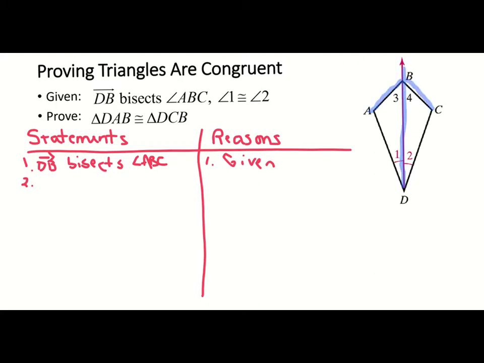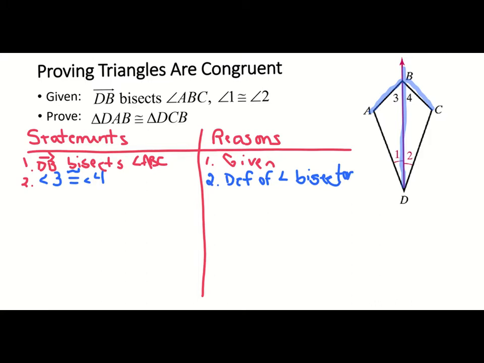So now, when they put the numbers in there to help us, I can say angle 3 is congruent to angle 4 because of our definition of an angle bisector. Sorry, my handwriting is atrocious right now.